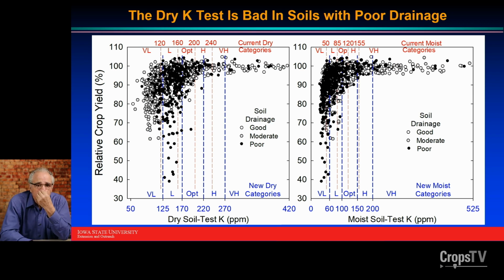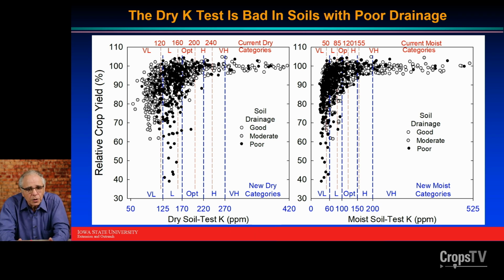Okay, now this is the plot where we have the responses by drainage for the new database, okay? So as we have shown before, the dry test is not good. If you look at all those points, this test is good to tell you when you don't need anything or when you need a lot.